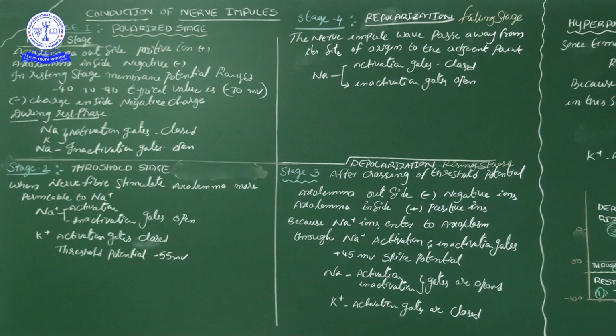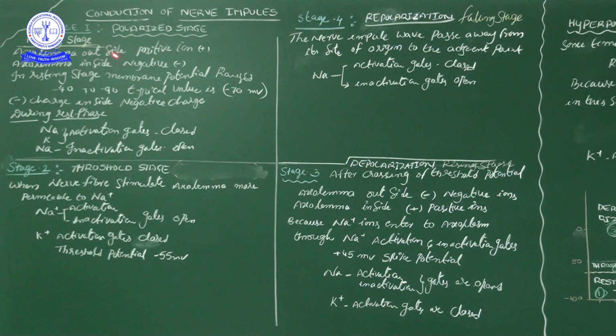So that's why I spoke about the comparison between the distribution of Na plus ions and potassium ions between the outside and inside of the axolemma. The variation gives the charge. Basically, outside the axolemma is positive and inside is negative.